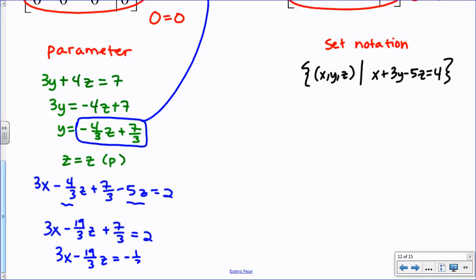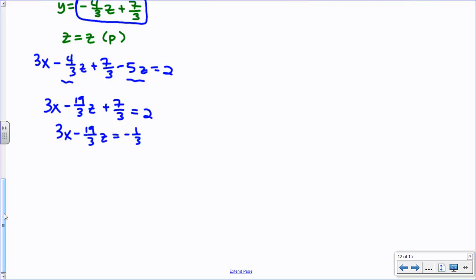That's negative 1/3. I want x equals, so I'm going to add 19/3 z, and then divide everything by 3. And then I have my x equals.